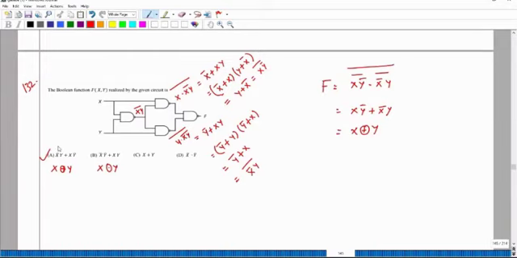So here you can see this NAND gate. With the help of NAND gate only, I have implemented the 2 input XOR gate. So how many NAND gates are required to implement the 2 input XOR gate? The option is 4.